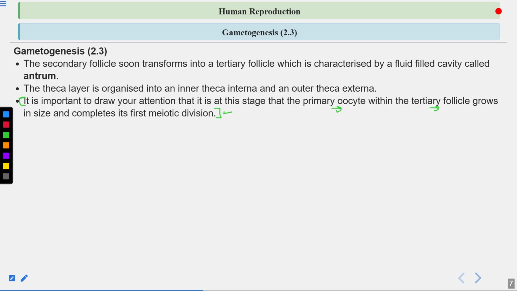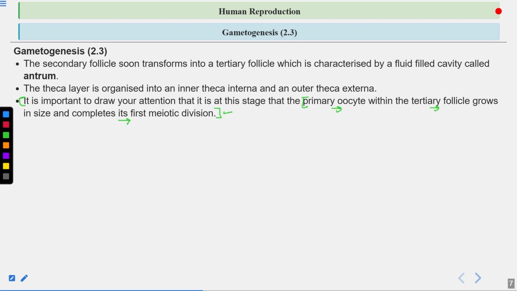Okay, so what does this mean? Primary oocyte is present in these follicles. Primary oocyte was present in primary follicle also, secondary follicle also, and tertiary follicle also. Now when the tertiary follicle forms, then what happens? This primary oocyte, which is present within the tertiary follicle, will complete its first meiotic division.